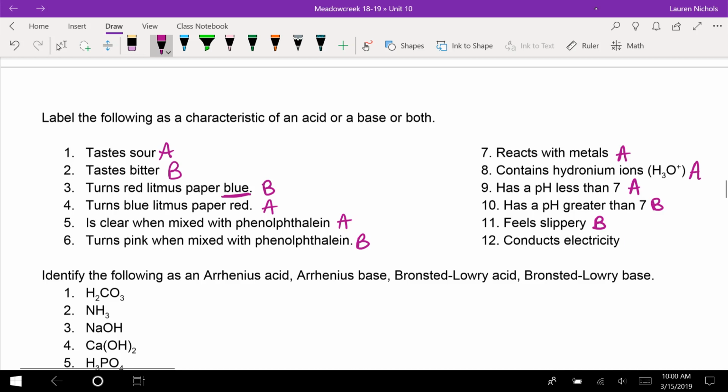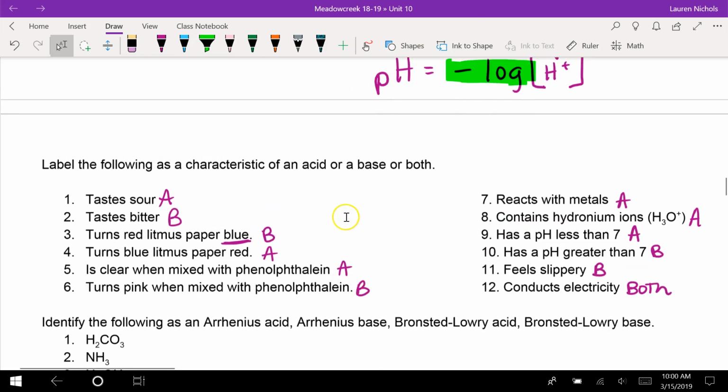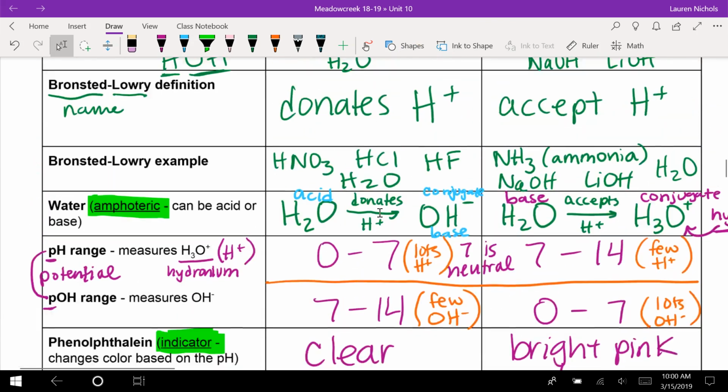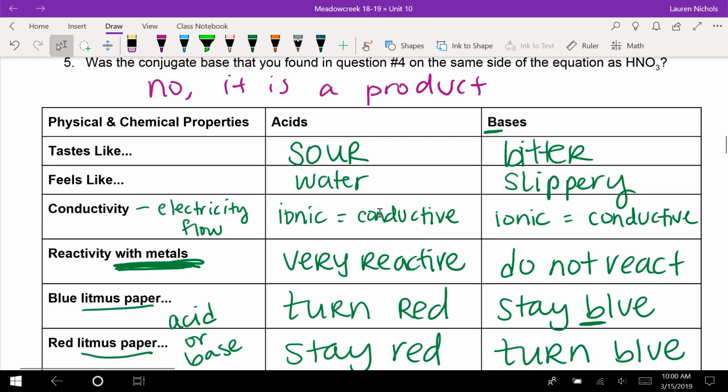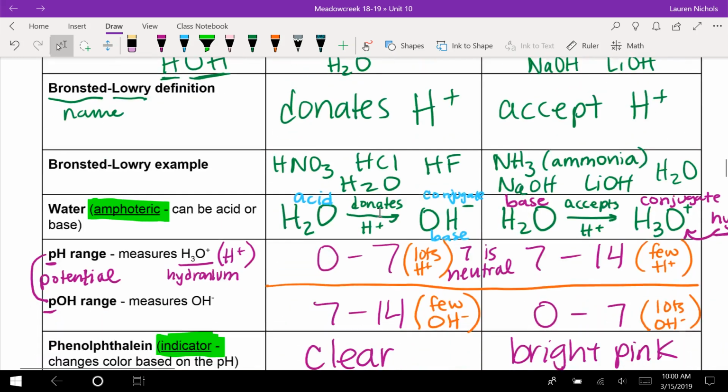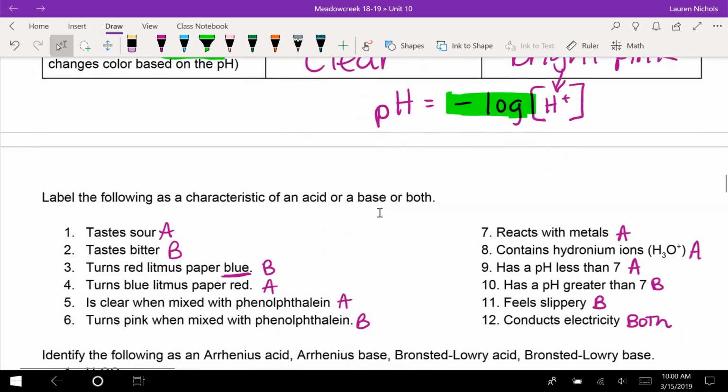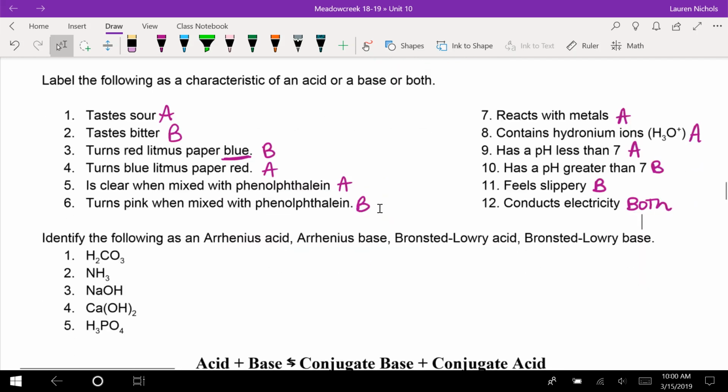And if it conducts electricity, that could be both acids and bases. Okay, so that's just what we talk about there. Those answers are purely based on these properties that we went over, which you should have in front of you and came from the previous video.